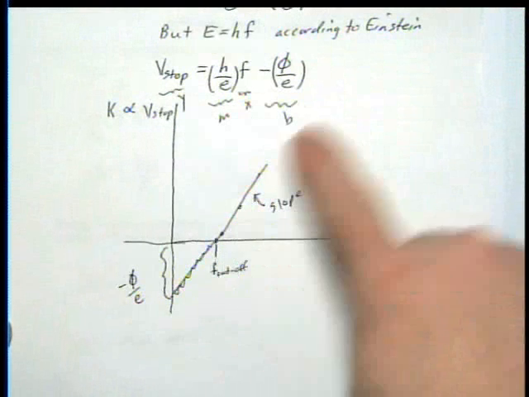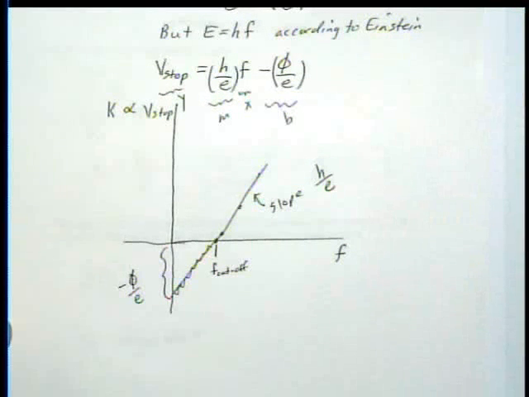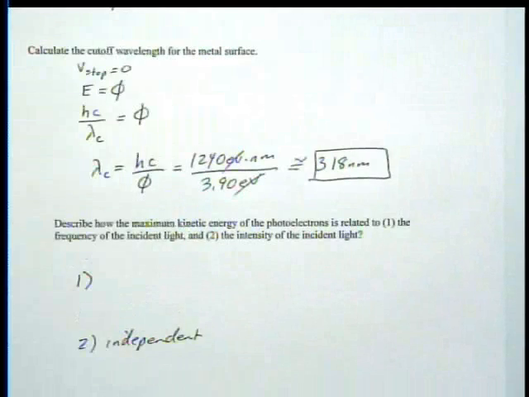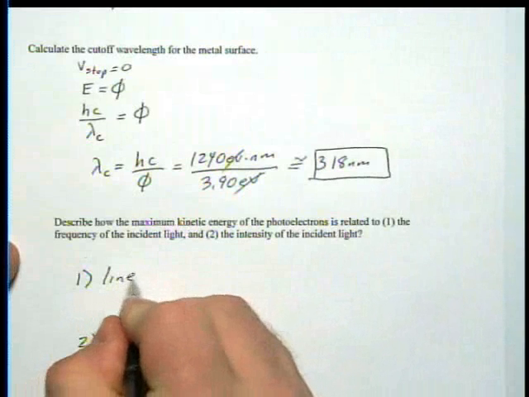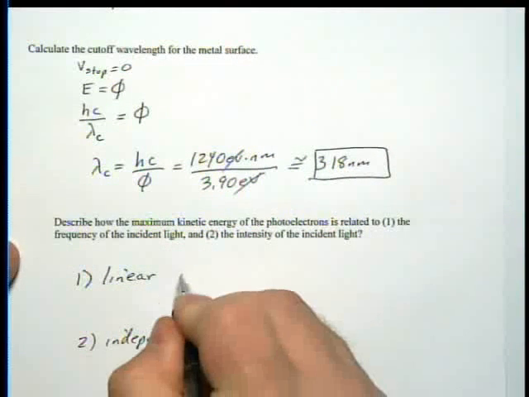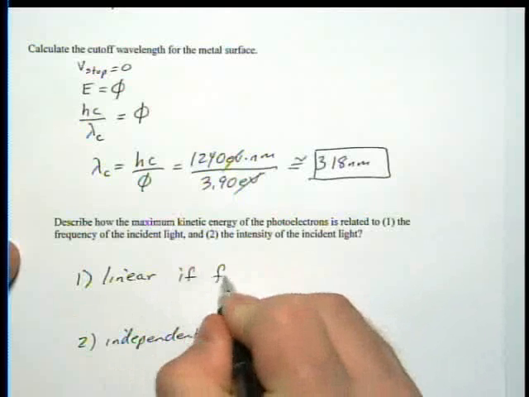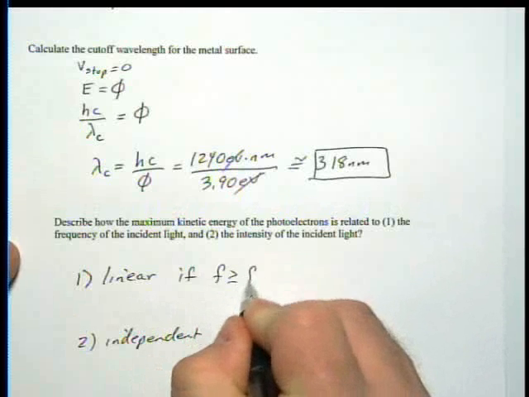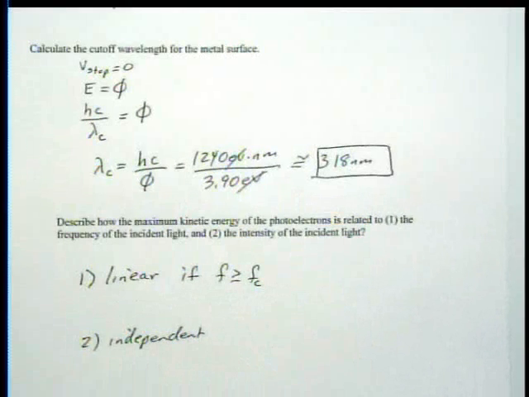So it's linear with respect to frequency by a straight line. So it's linear if f is greater than or equal to the cutoff frequency. If it's below the cutoff frequency, you don't get any electrons, so you can't really talk about maximum kinetic energy in it. It's a bound.